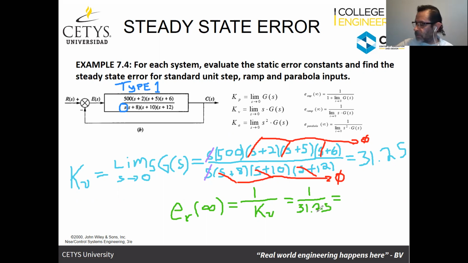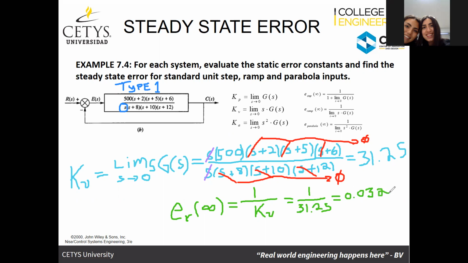What would be the error there? 0.032. So actually there we've got an error of about 3% is going to be the deviation we're going to have there, which is not that bad.